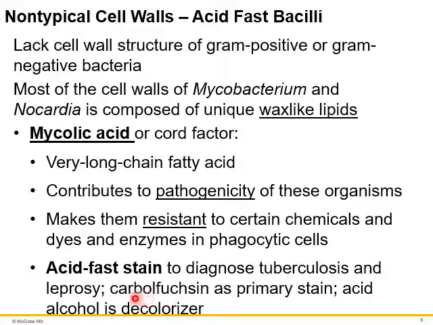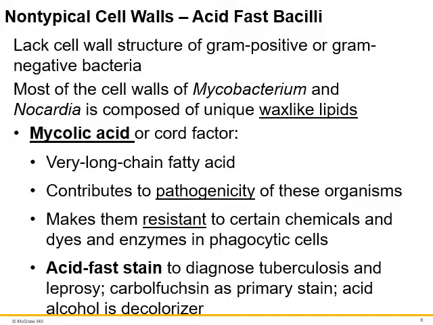This can penetrate that waxy cell wall, and it drags the color with it. So that's my primary stain. I usually do a heat treatment to drive the stain into the waxy cell wall. Then when I decolorize, I use acid alcohol, which has a tiny bit of hydrochloric acid added to the alcohol to decolorize the cells. Cells that don't have that waxy coating will lose the color, and then you have to use a counterstain on it.